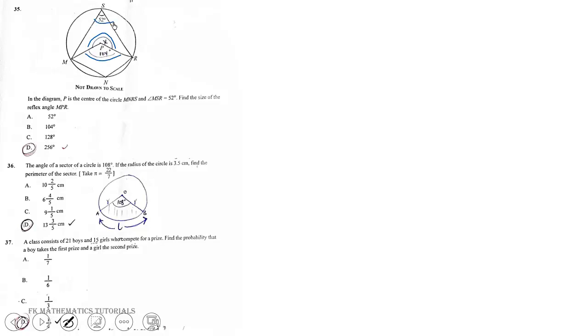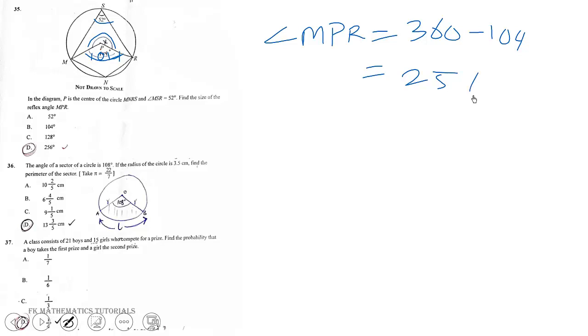So that will give us 104 degrees. So angle MPR will be equal to 360 minus 104, and that will give us 256 degrees.